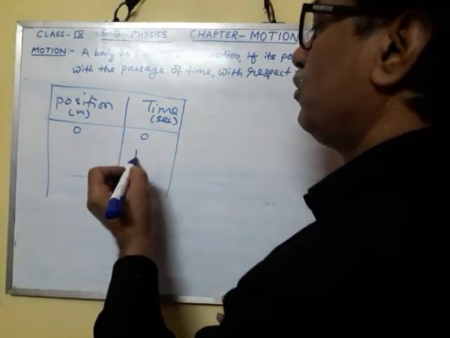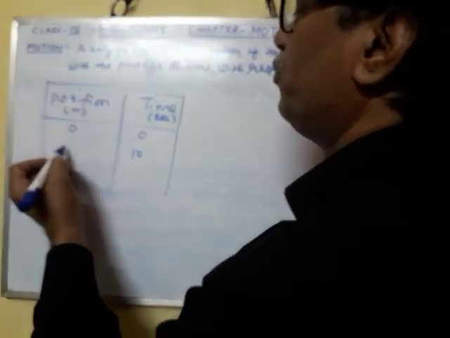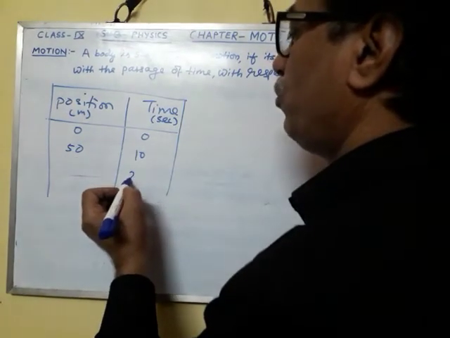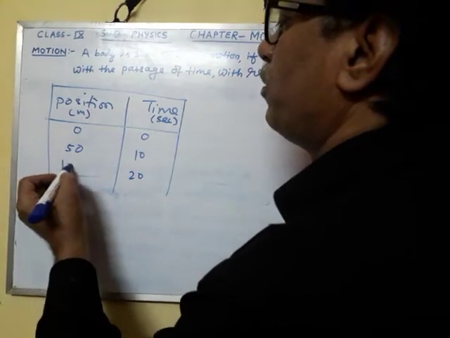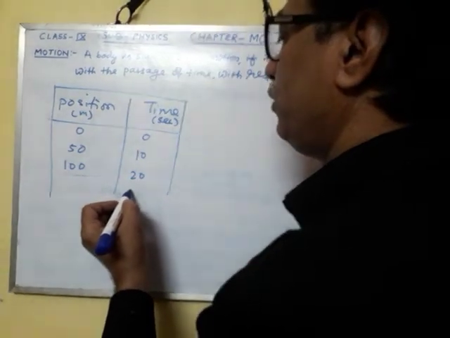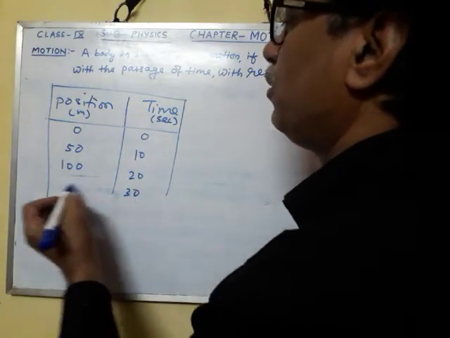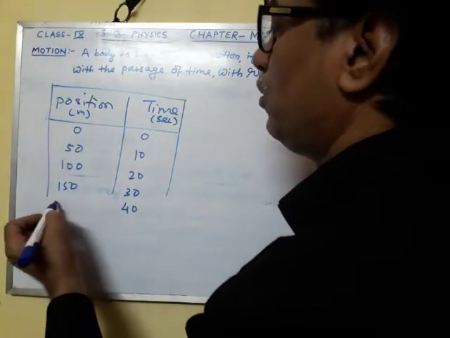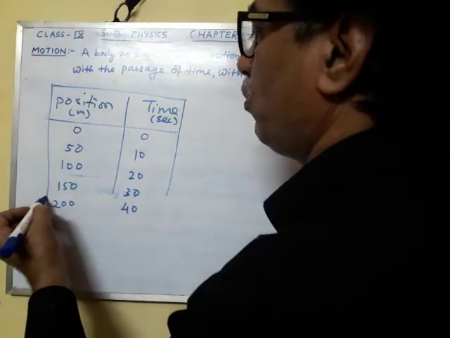After 10 seconds the position of the car is 50 meters. After 20 seconds the position is 100 meters. Then at 30 seconds, 150 meters, at 40 seconds, 200 meters, and so on.